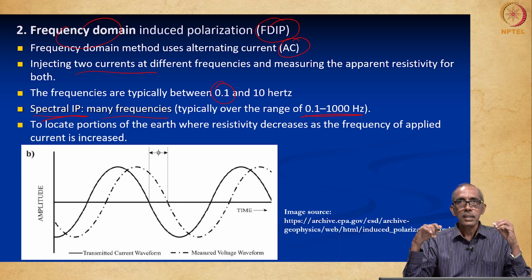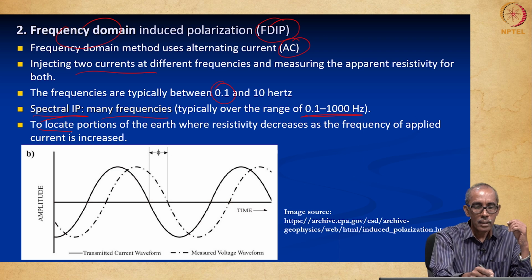This is done basically to understand how the earth responds to different frequencies of current, so we are estimating the apparent resistivity for different frequencies of applied current.